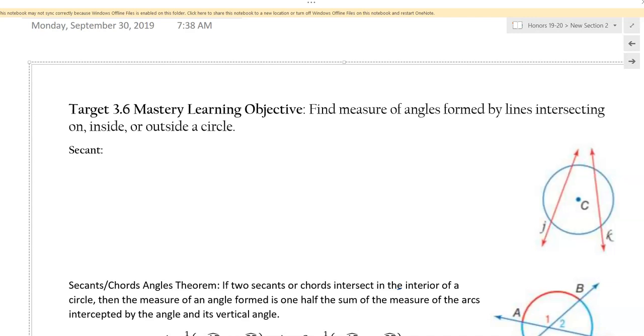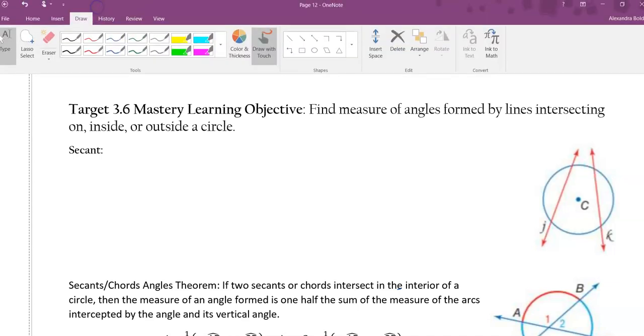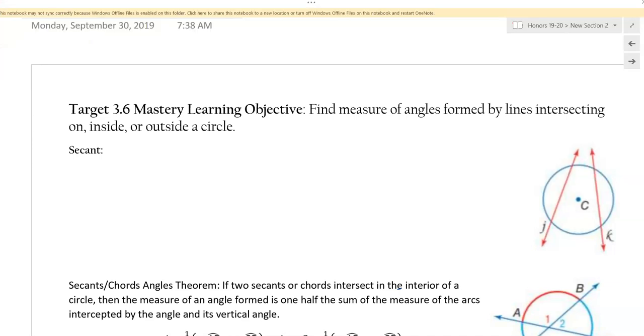And a secant line is a line that passes through a circle.